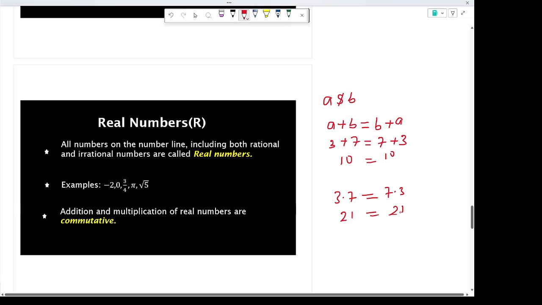So you can see the two integers, when they are multiplied together in different order, did not affect our final result. So here we can say that the multiplication of real numbers is commutative. So the addition and multiplication of real numbers are commutative.